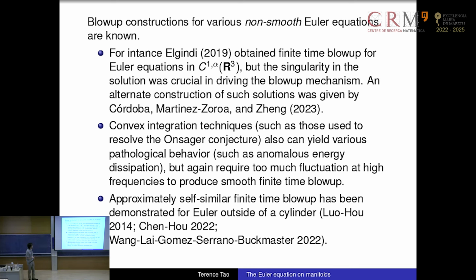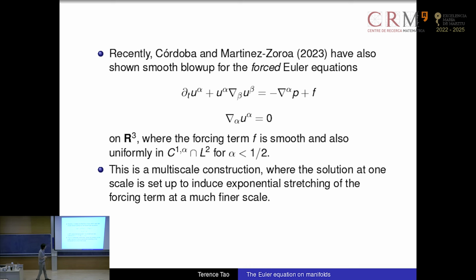And as we saw with talks on Tuesday, we have a number of ways to construct blow-up, for example for the axis or outside of it. Okay, so we're getting a number of blow-up results now, but not yet on a smooth manifold with smooth data. And then another near miss to this conjecture by Córdoba, which was also mentioned.